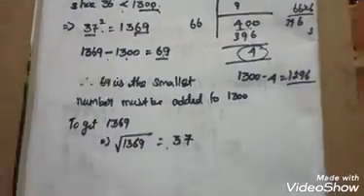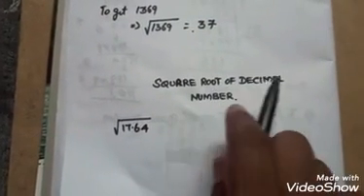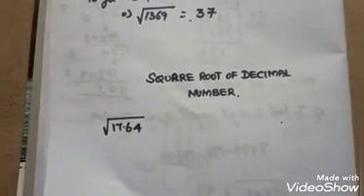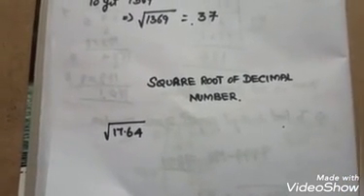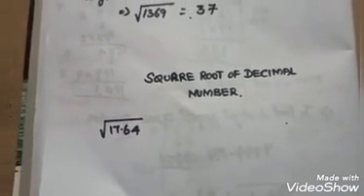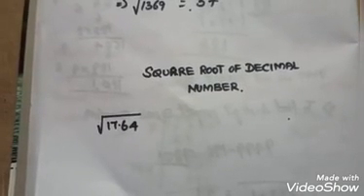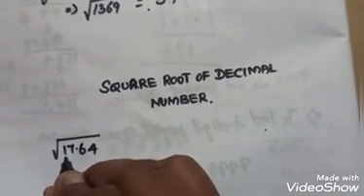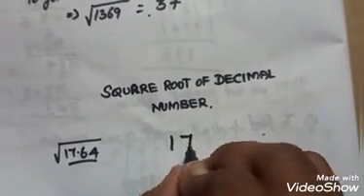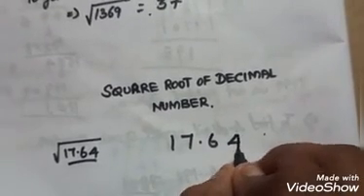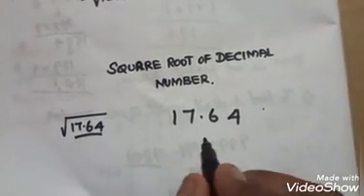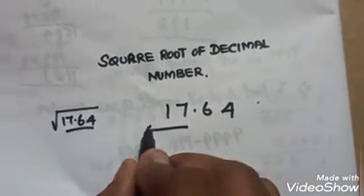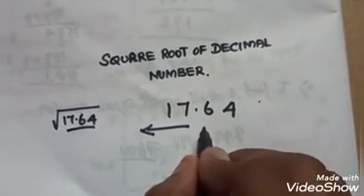Okay, next, square root of a decimal number. Here we find how to find the square root of a decimal number by long division. The process is the same, but we need to change a little bit. What is that? The number we need to find is 17.64. I just put an arrow mark. You must separate the value from the ones digit.